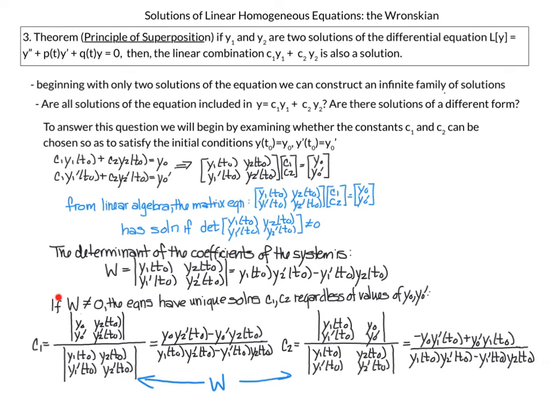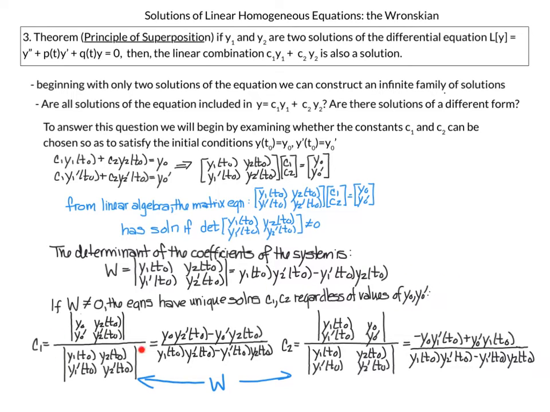And what we will find, so if now the determinant of this matrix is not equal to 0, the equations have unique solutions, C1, C2, regardless of the value of y naught and y naught prime. In other words, there's always a solution to whatever initial value problem you have.